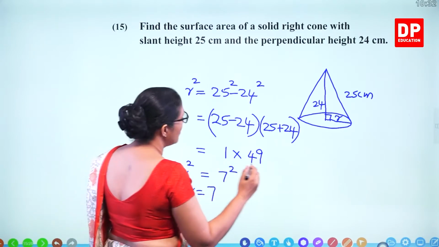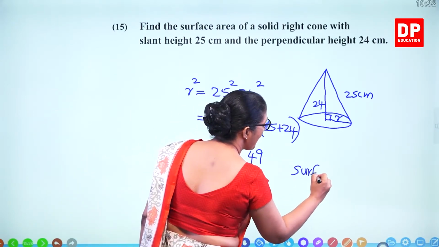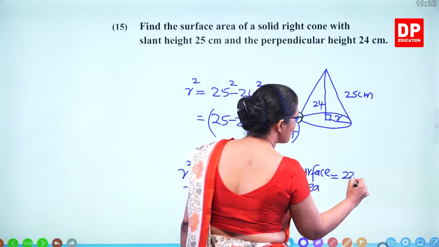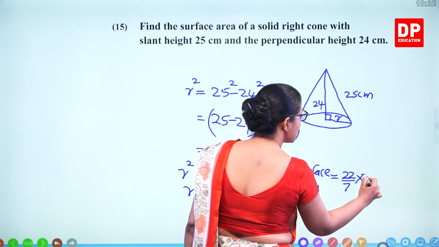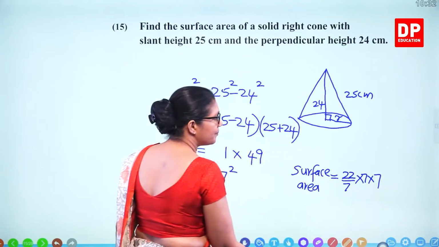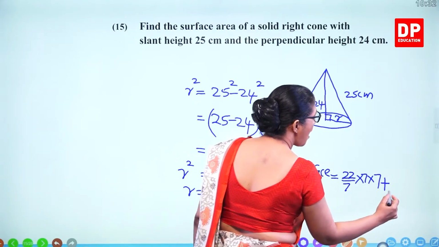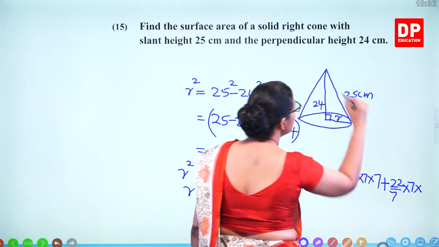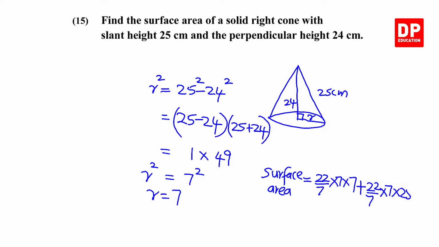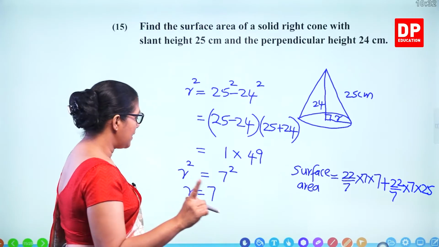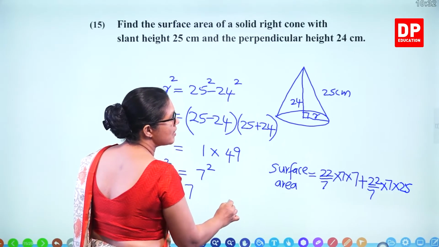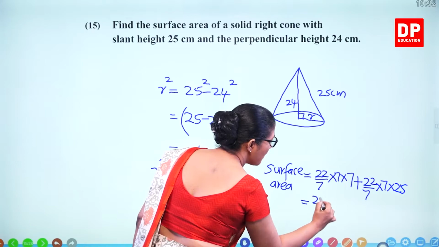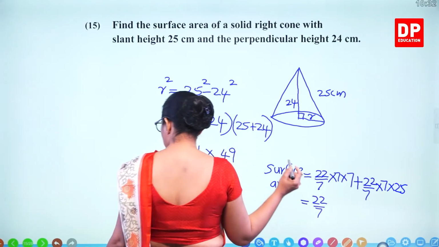So surface area becomes pi r squared, 22 over 7, r is 7, plus pi r L, 22 over 7, r is 7, L is 25. That's the slant length, so that's 25. Now 22 over 7 is common, or you can simplify first.